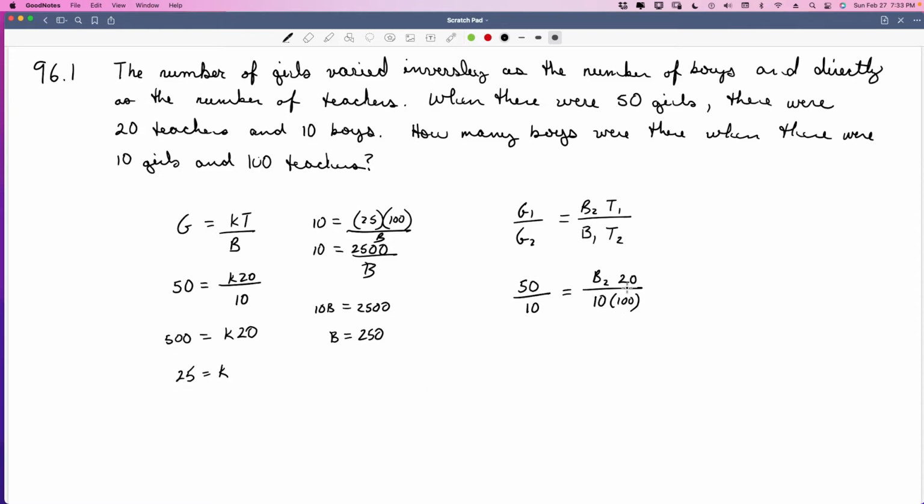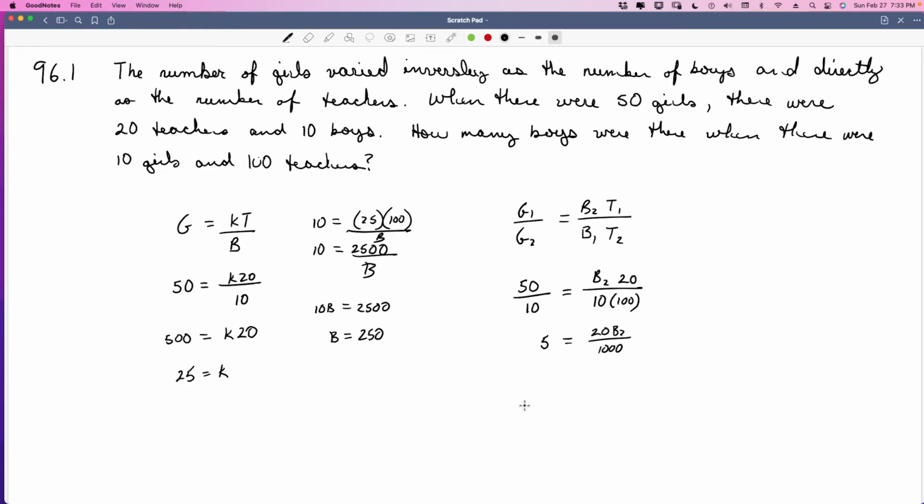We find that the number of boys is 250 whenever this condition is present. If we solve it proportionally, notice right away that we're not using as many steps. First of all, I divide this by 5 just to get rid of the fraction. Then it's 20 times B2 over 1,000.